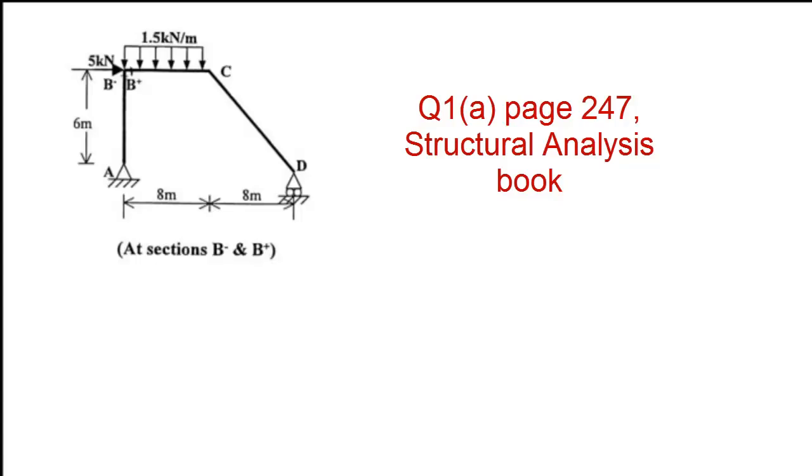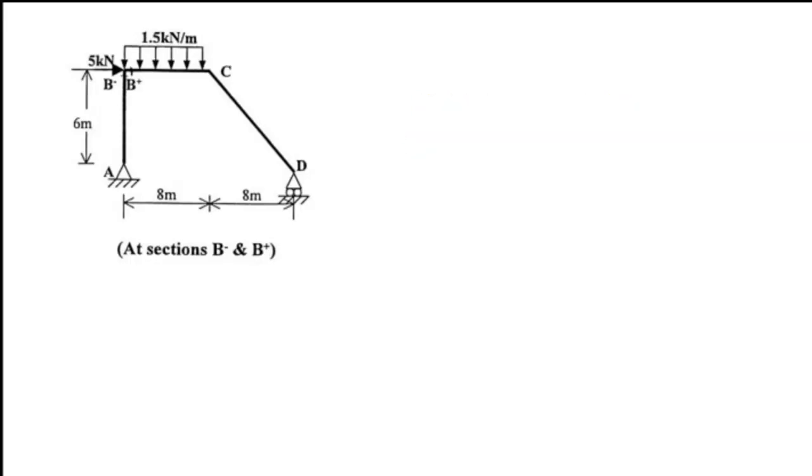Hi guys, in today's video I'm gonna show you how to solve this problem. This is actually the question that I take from a structural analysis book on page 247, and this is question 1a of tutorial 1.